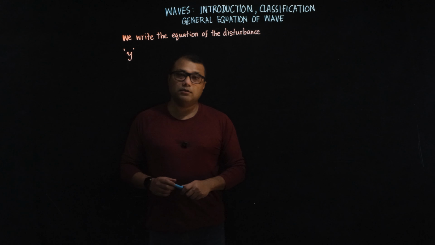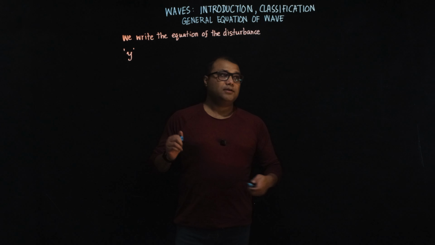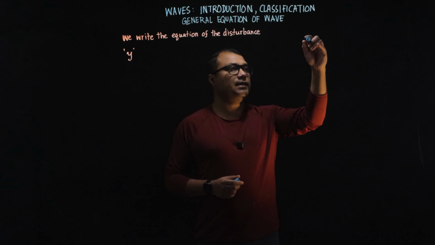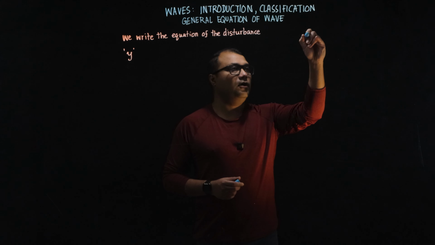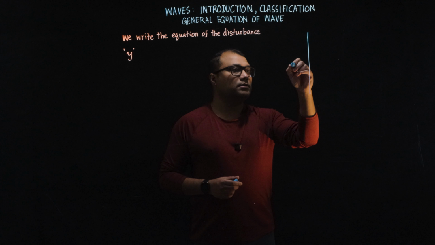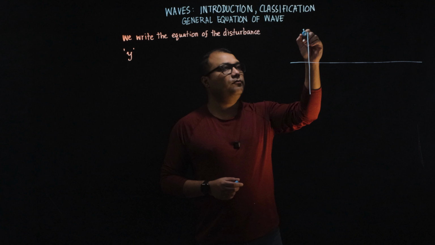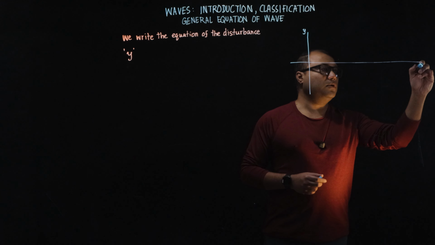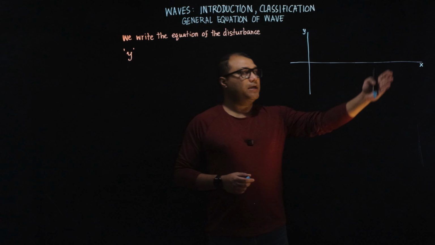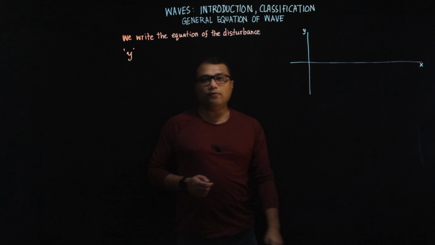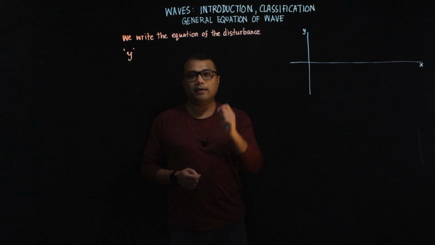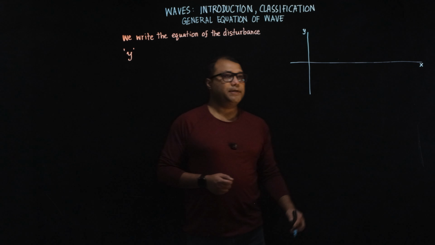Just so we can visualize this clearly, let's take an example of a wave on a string. Let's say this is my x and y coordinate. This is my y coordinate, this is my x coordinate, and the string is fixed to a wall. I am creating some waves on the string.